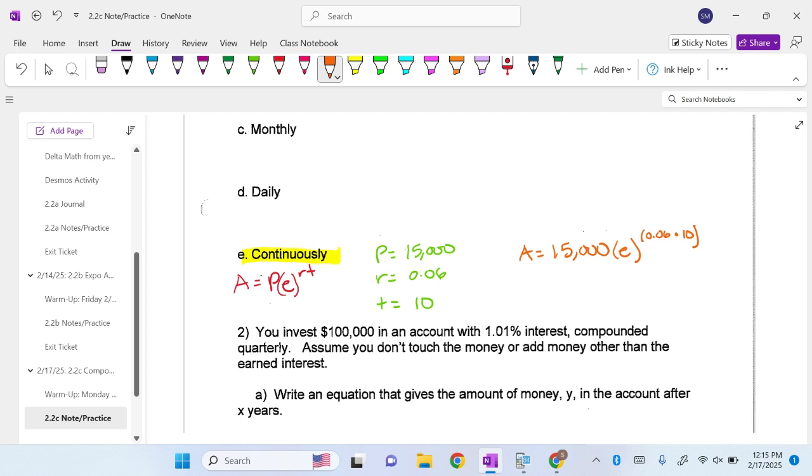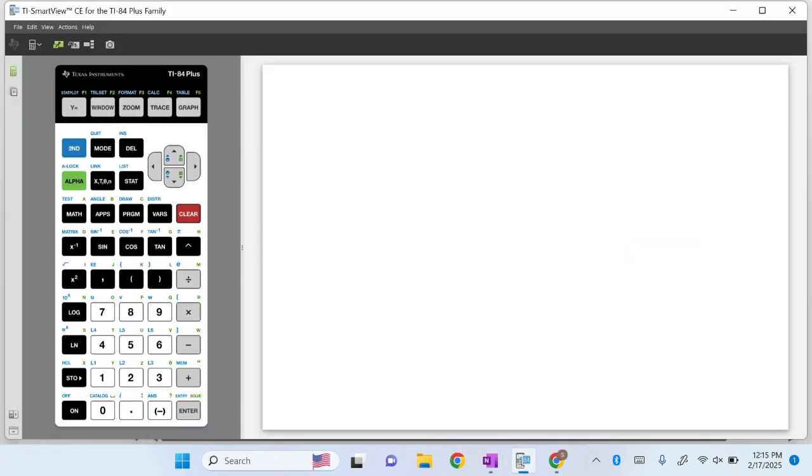And you will put this exactly as you see it in your calculator. So in your calculator, you're going to type 15,000. Now, there's 2 ways you can get E in your calculator. You can either do second division symbol like I did, or if you don't want to have to worry about hitting the exponent sign, hit second and then the LN key, which is to the left of the number 4. It'll insert E as well as an exponent place.